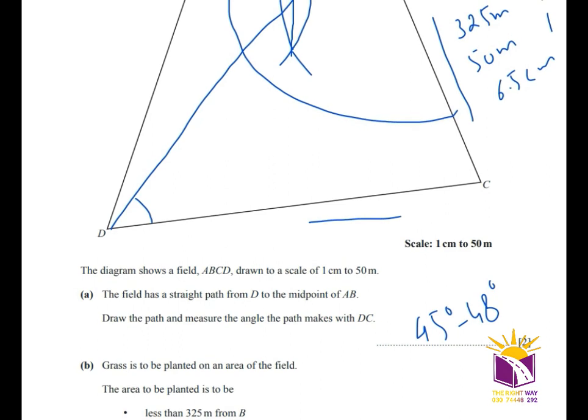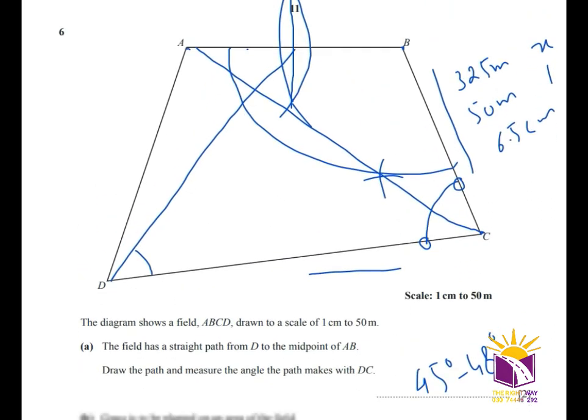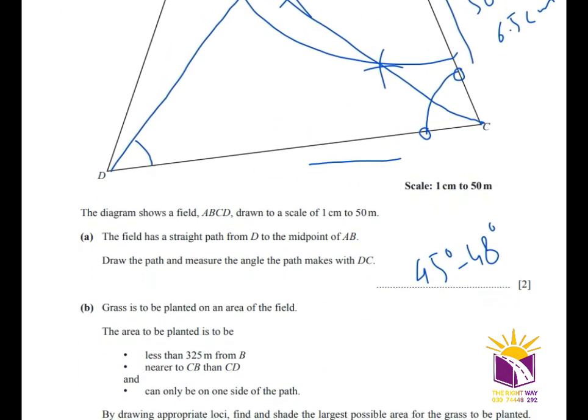For the angle bisector, from point C, I am going to draw an arc. Then from these 2 points, 2 other arcs with the same opening of my compass. And by drawing a line like this, I will get the angle bisector. Now it is closest to CB than CD.